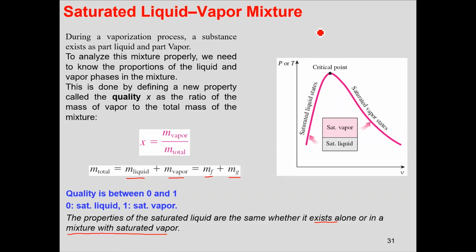It means, let's say I take a property internal energy. I have x equals 0. That means I am having saturated liquid. All of this container contains saturated liquid, and internal energy of this saturated liquid is Uf. All right.